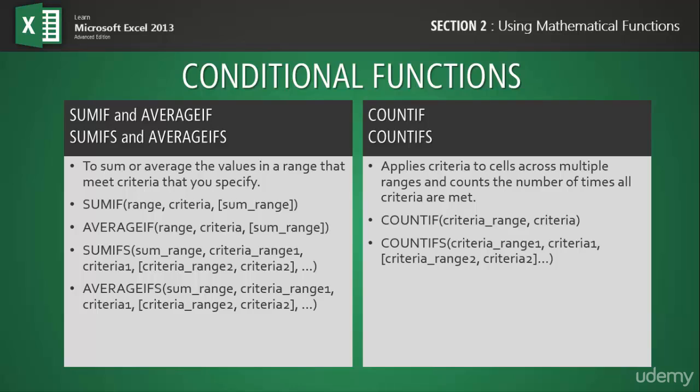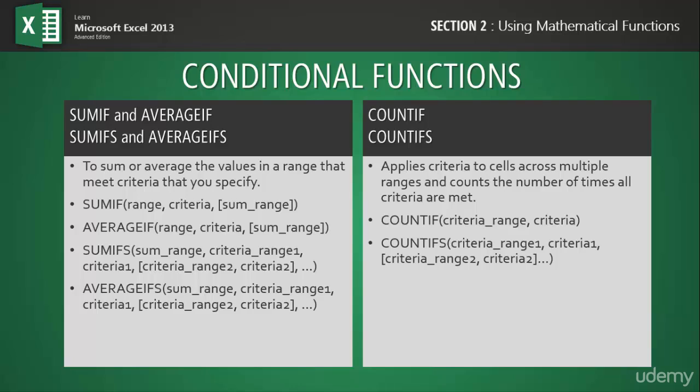That is to say that in the singular counterparts, the sum range is the third argument, which is also optional, while in the plural counterparts, the sum range is the first argument, which is not optional. It has to be given, followed by the range housing our first criteria, followed by the actual criteria or condition, followed by the second range housing our criteria and the second criteria or condition, and so on and so forth.